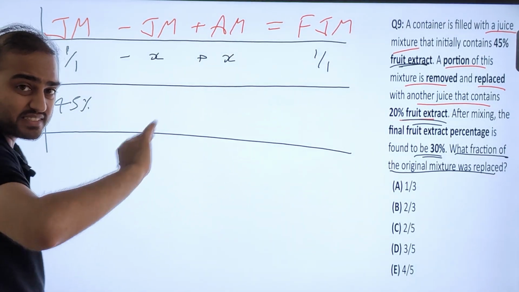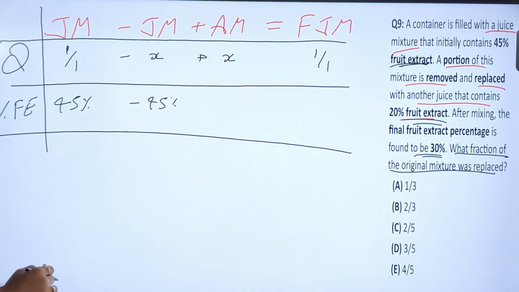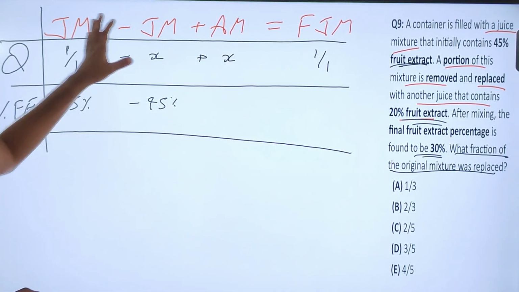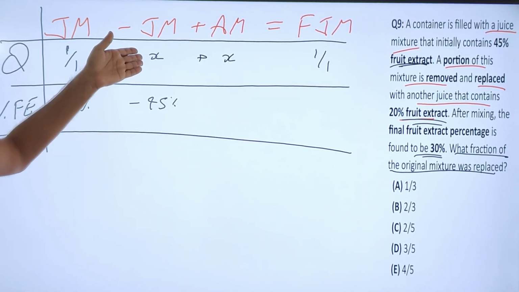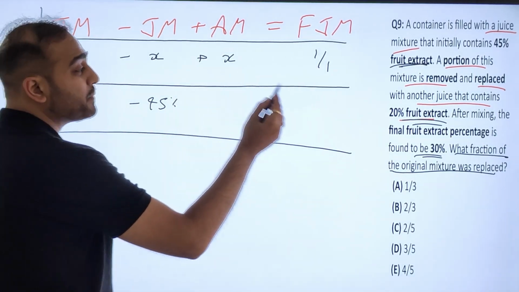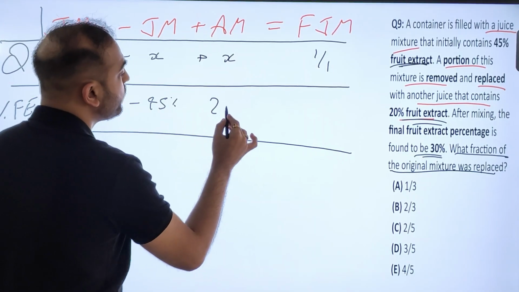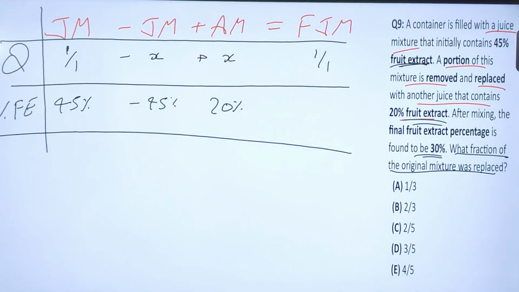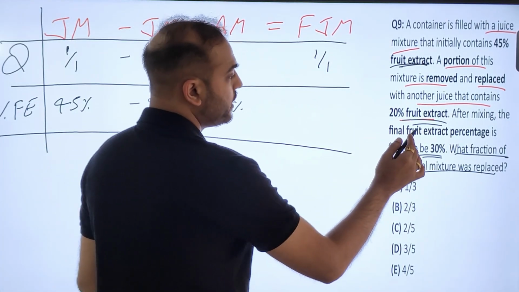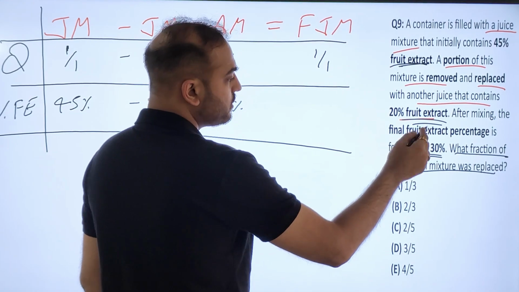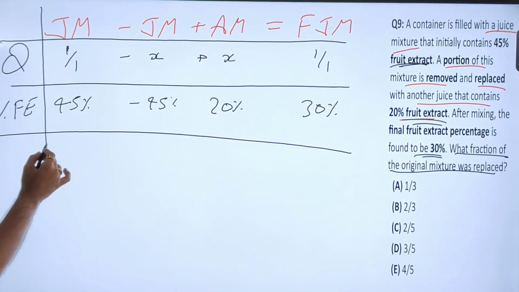The one that I am removing is also original, so it also has 45% fruit extract. I am replacing it with a like inferior product, which has 20% fruit extract. After mixing, the final is 30%.